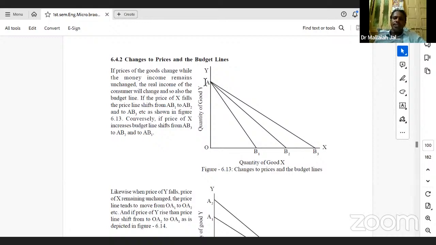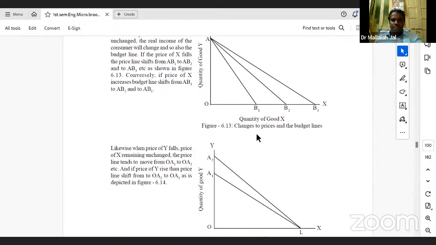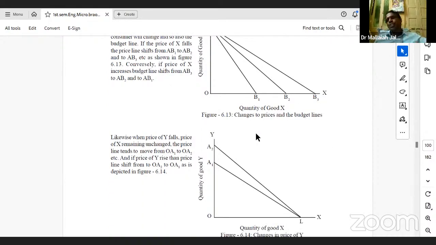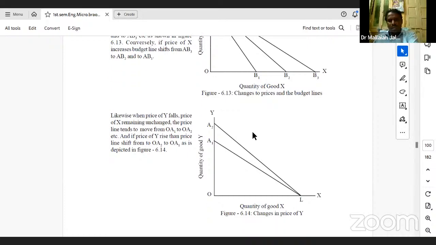See, this is the AB1 combination, AB2 combination, AB3 combination. Because the X commodity price decreases, he can purchase more commodities. That is the reason why these are AB1, AB2, AB3. It is shifting outward, with more X commodity purchased.